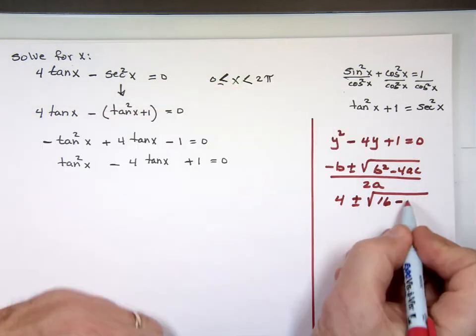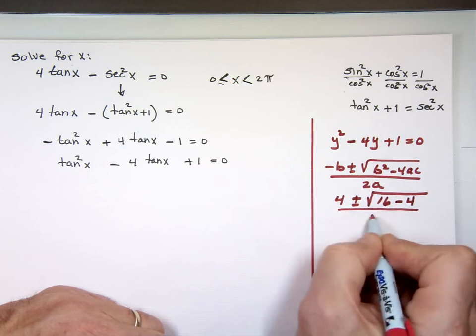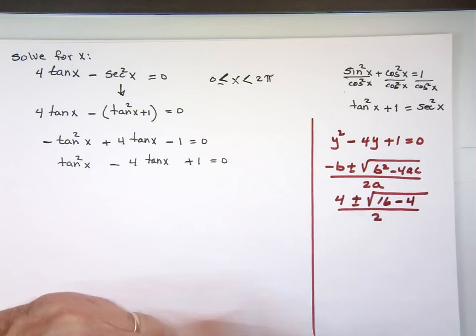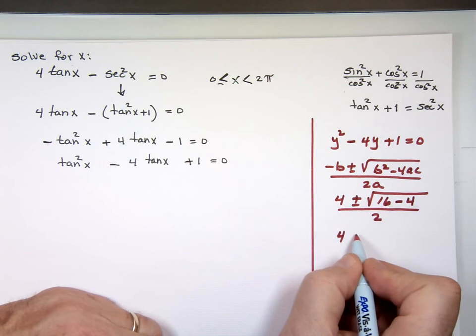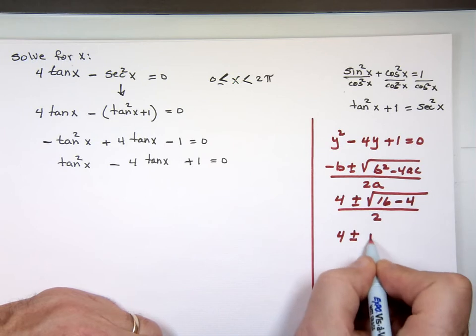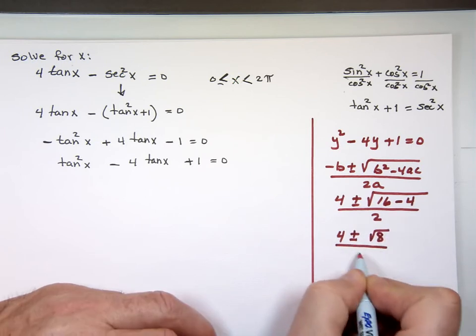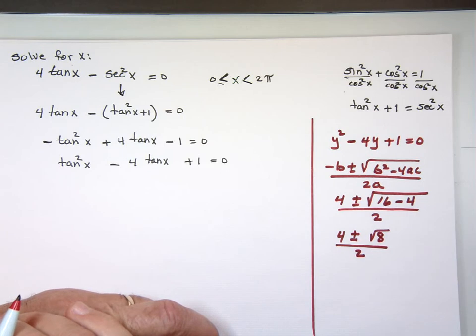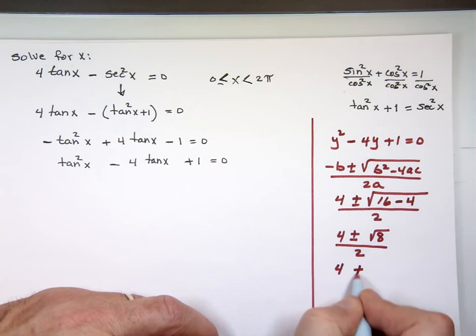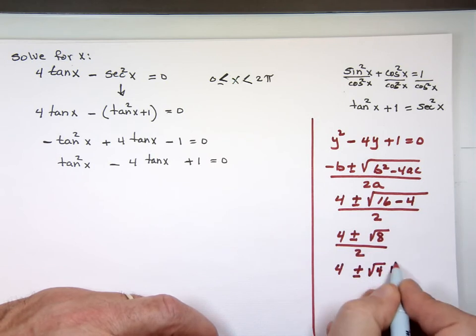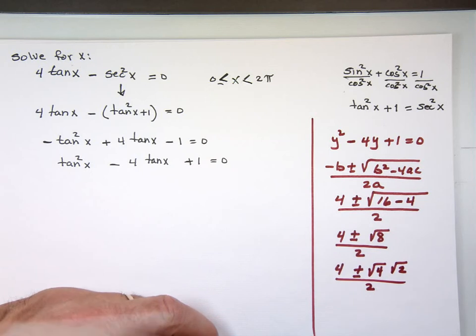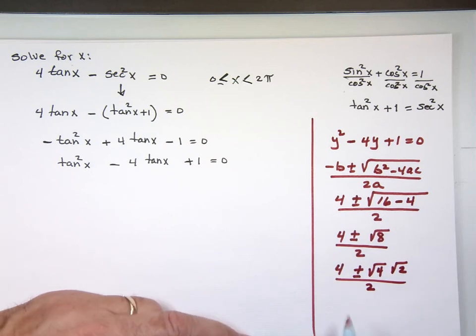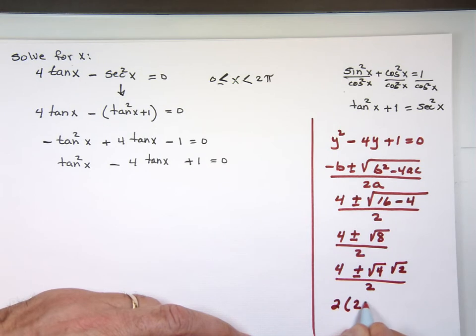That's 4 divided by 2. 4 plus or minus the square root of 8 over 2. I can break this into 4 and 2, right? And what's the square root of 4? 2. So if I take a 2 out, what's left? 2 plus or minus the square root of 2 over 2.